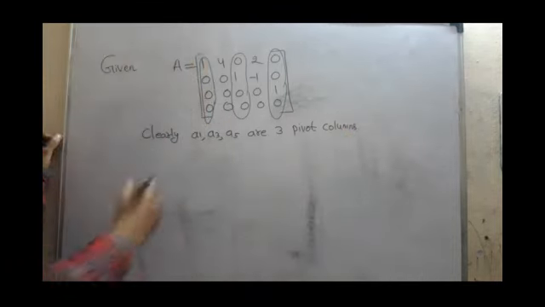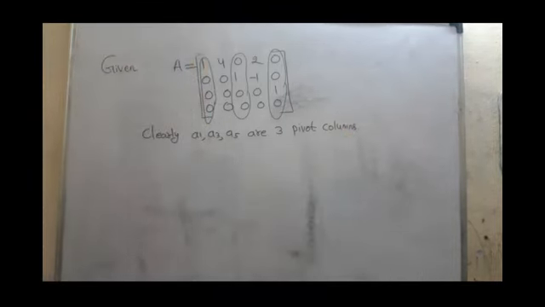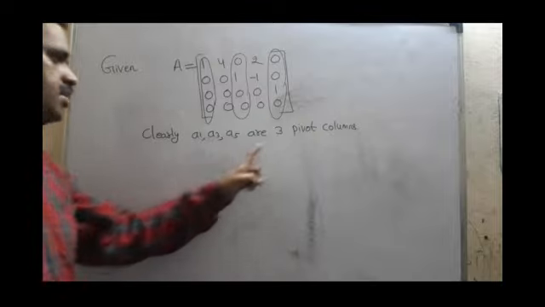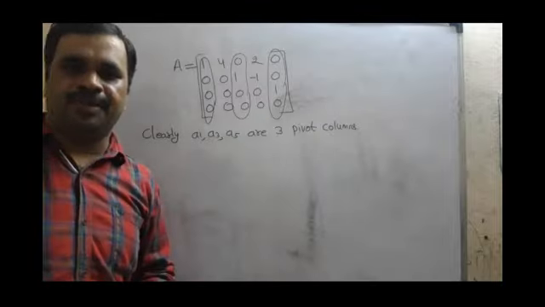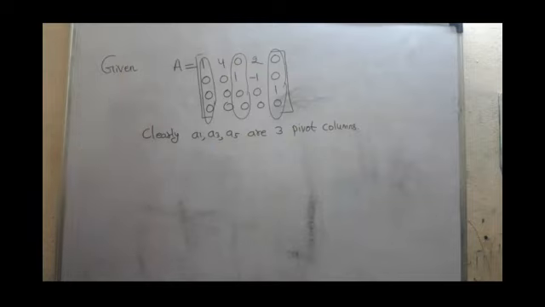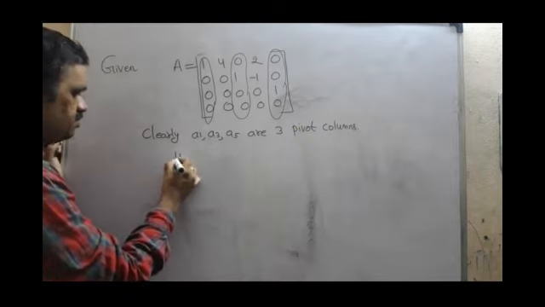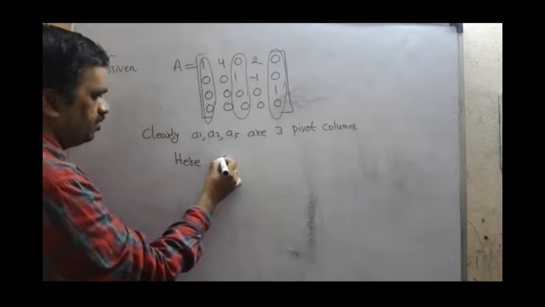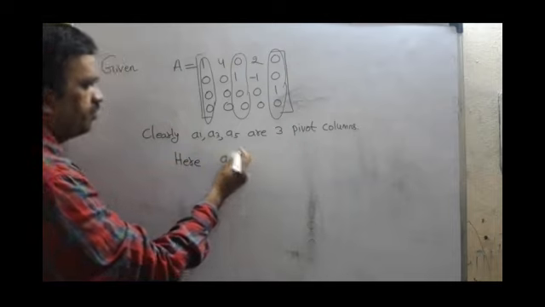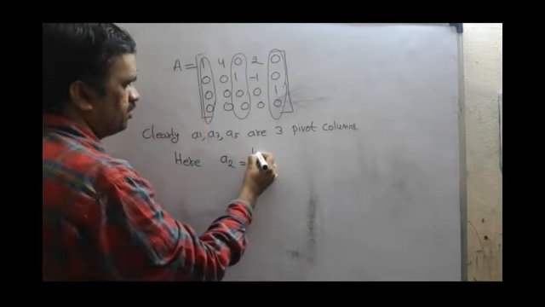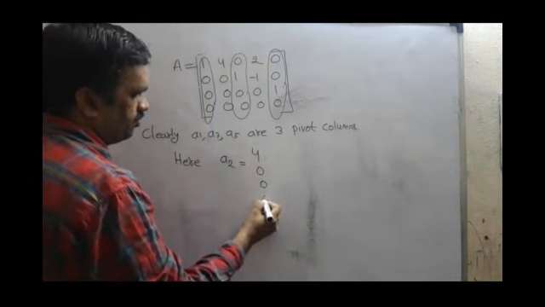Actually, pivot columns will give the basis for column A. So the remaining two vectors we have to say they are dependent. Here A2 is 4 0 0 0.